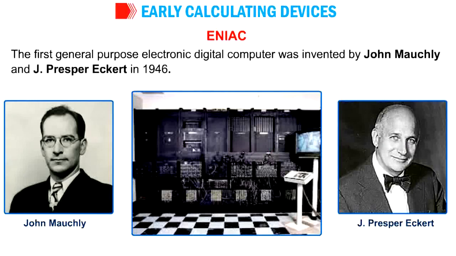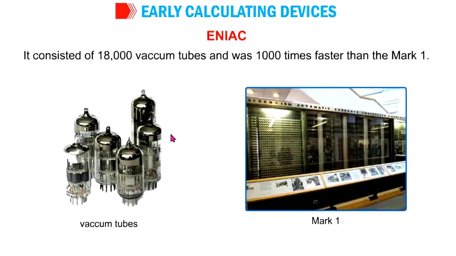It was the first fully electronic digital computer, and it consisted of 18,000 vacuum tubes. Then you can understand how big it is. Here, these are the vacuum tubes. Like these, 18,000 vacuum tubes were used.